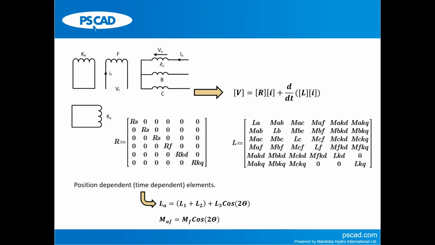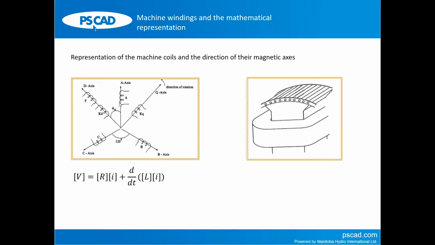MAB is the mutual inductance between windings A and B. Some of the mutual coupling terms are 0. That is because the windings on the rotor, the field and the Q-axis damper, are 90 degrees apart. So we say that there is no magnetic coupling. That's why the mutual inductance there is 0.